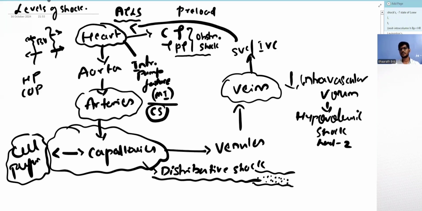For example, if there is a venous obstruction here and there is a capillary behind, because of the obstruction the column of blood exerts more pressure. There is a raised hydrostatic pressure, and this pushes the fluid outside. Fluid comes and deposits outside the blood vessel, leading to edema. So this is the cause for edema in a DVT patient, because of the raised hydrostatic pressure, which always tries to push the blood outside.